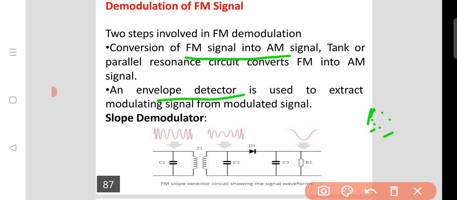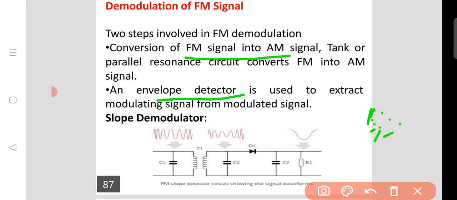The RL circuit is also a discriminator, but it has poor sensitivity. That's why we employ LC tuned circuits as discriminators. Various types of LC discriminators are available. Among them, we use different LC tuned circuits for the different methods.